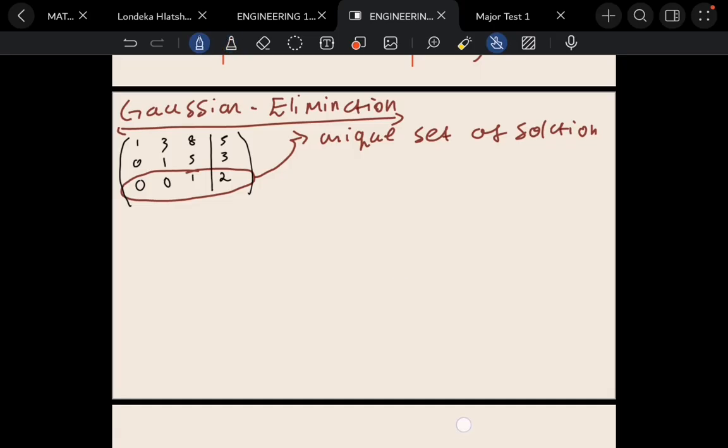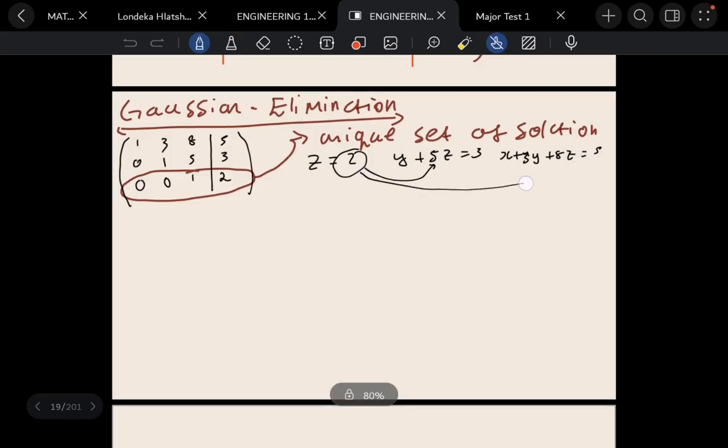What does it mean really? It means that z is equal to 2, and your second row means that y plus 5z is equal to 3. We can take this z, substitute it back there, and we will get our value of y. And our first row is x plus 3y plus 8z is equal to 5.